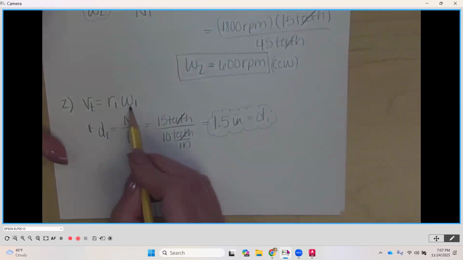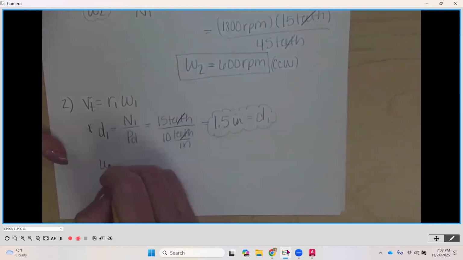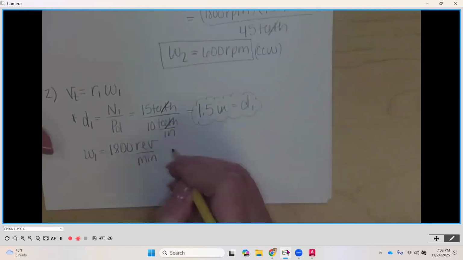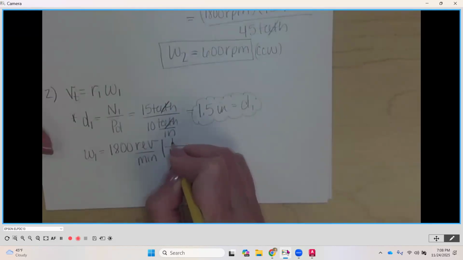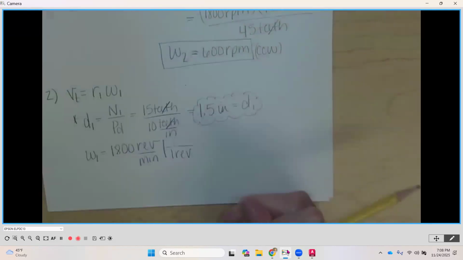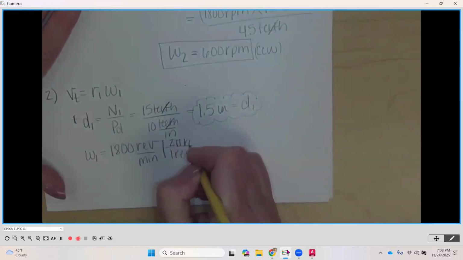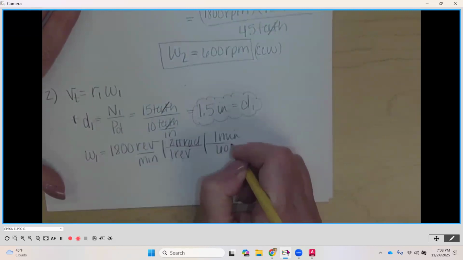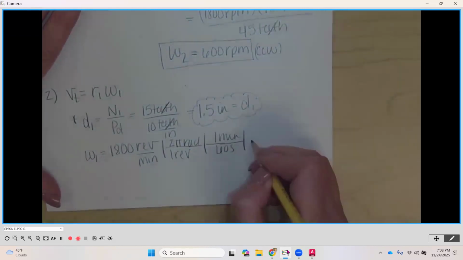And then my W1. My W1 in this equation has to be in radians per second. I can't have it in RPMs. So my W1, which is equal to 1800 revolutions per minute, I'm going to convert that to radians, 2 pi radians, sorry, and then 1 minute, 60 seconds, right?